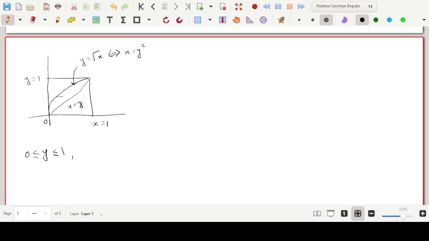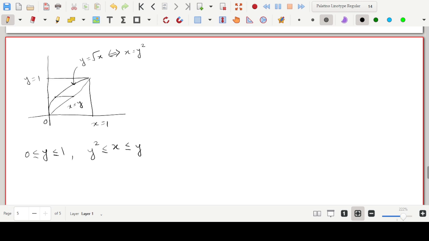It varies from this to this, from lower to higher. This point lies on the curve x equal to y square. So x varies between y square and y, because this point lies on the line y equal to x.